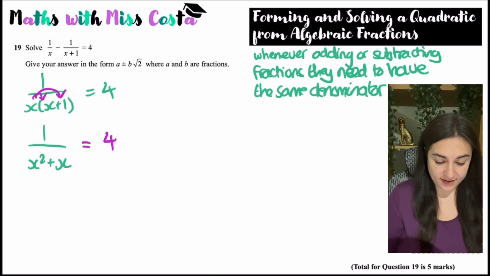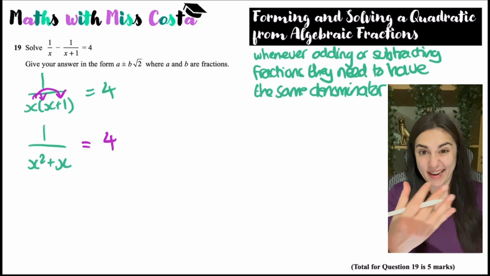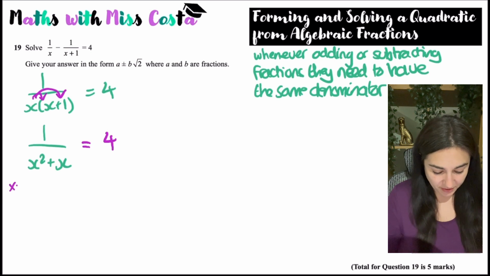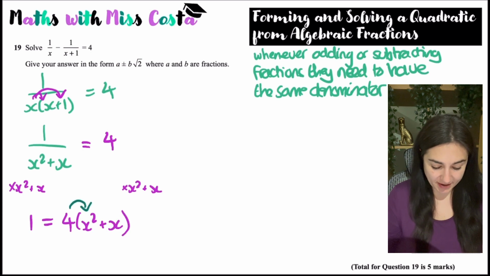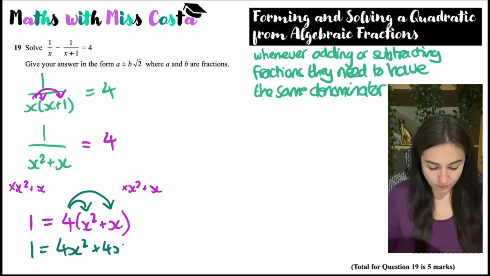I want to then manipulate it so that I get a nice quadratic. So I'm going to multiply both sides by x squared plus x. And I end up with 1 equals 4x squared plus x. I can then expand the bracket. So 1 equals 4x squared plus 4x.